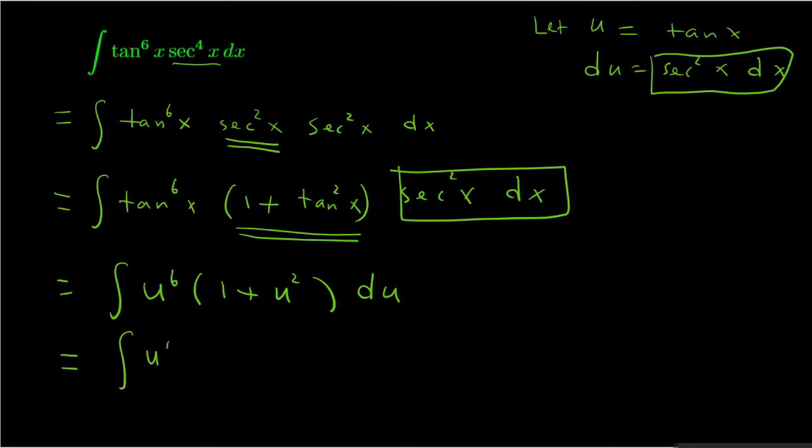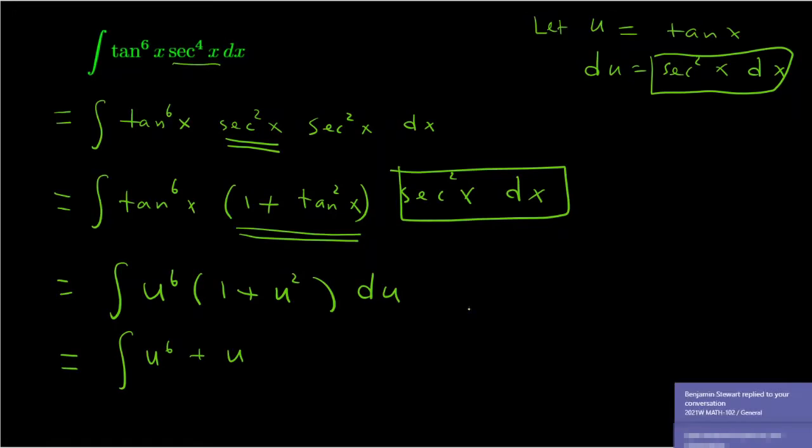So do you have u to the power of 6 and then plus u to the power of, anybody want to tell me, Eugene? So write down this number, please. 8 is right. It's not 12. 8.